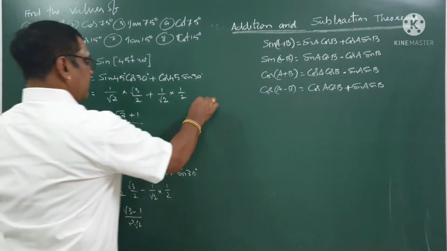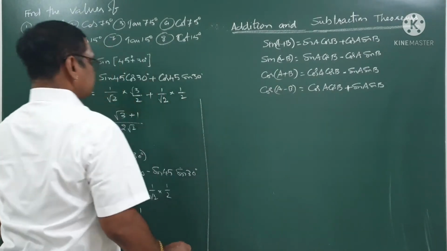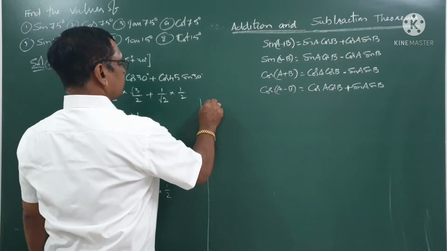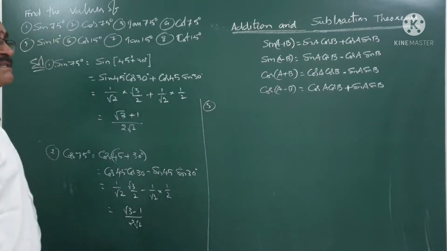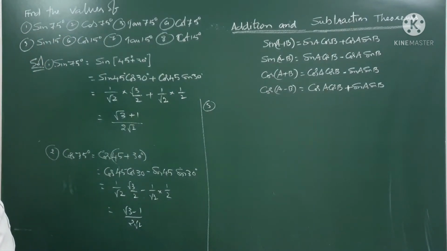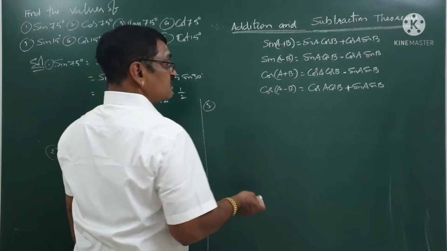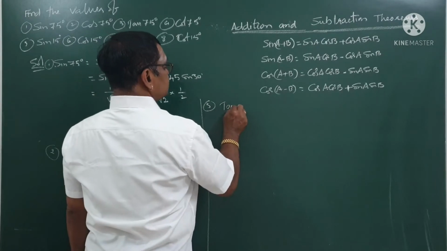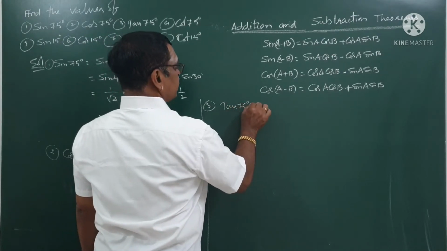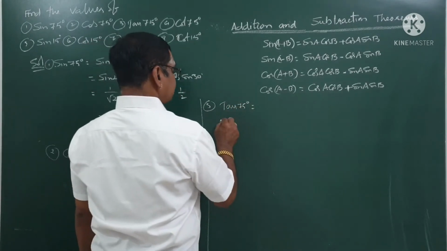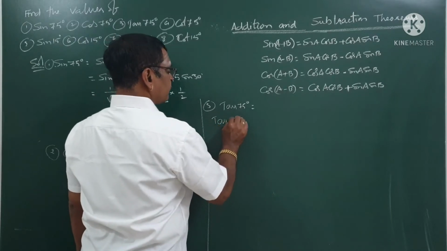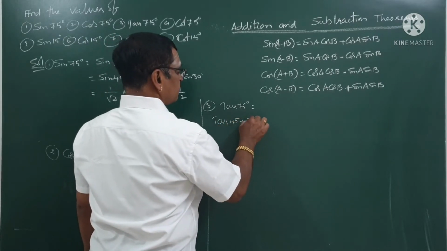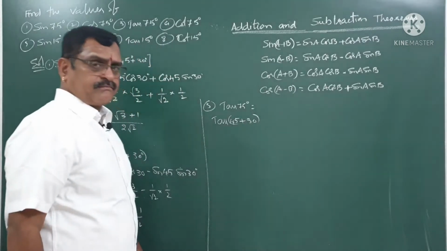Then come to the next one, third one, tan 75. Of course tan 75 is nothing but sin 75 by cos 75. Either you can use that identity, or okay, I will go for the identity only. Tan 75 is equal to tan of 45 plus 30.